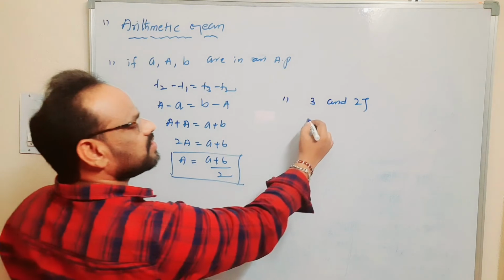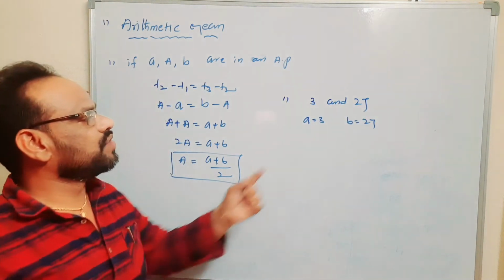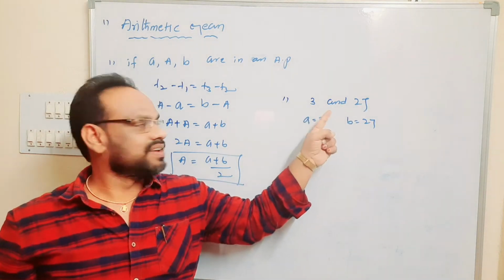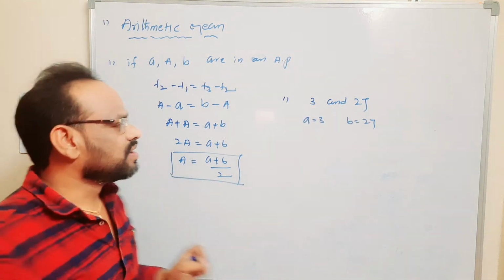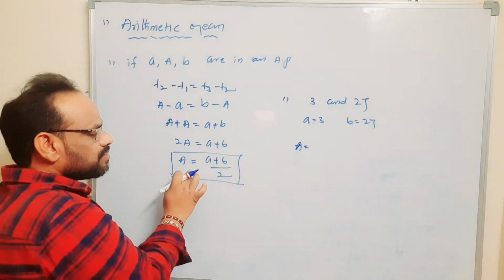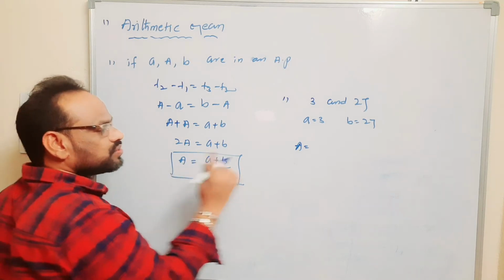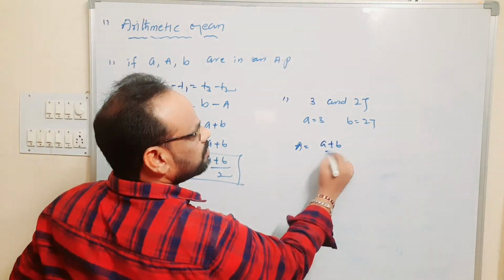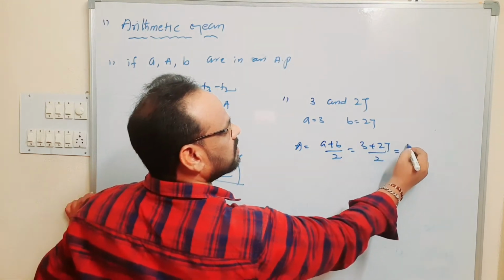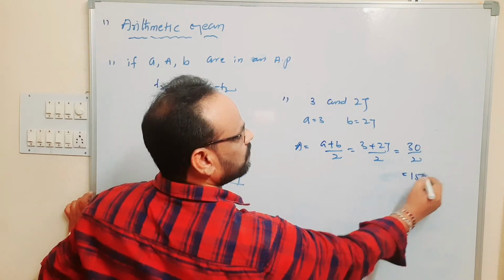Here a value is 3, b value is 27. We want the arithmetic mean between 3 and 27. We know that the arithmetic mean A between any two numbers is equal to (a plus b) by 2, which is (3 plus 27) by 2, that is 30 by 2, equal to 15.